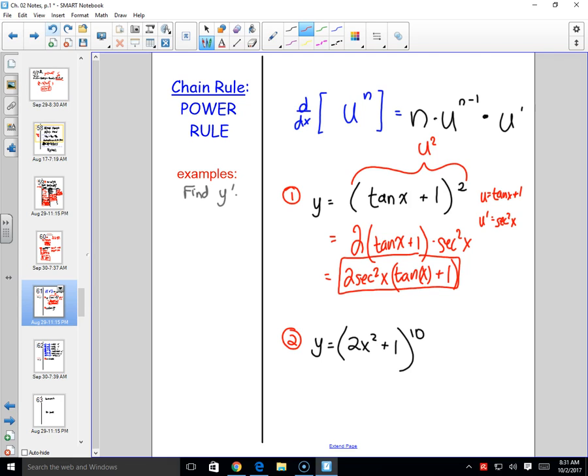Number 2. Who's my u? 4x. Okay, so wait, pause. I'm not saying anything. You guys find the derivative. Go. You already saw it. Good.